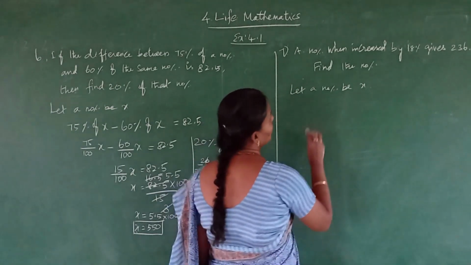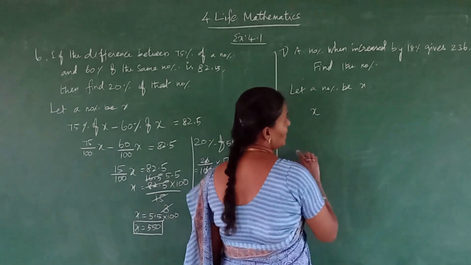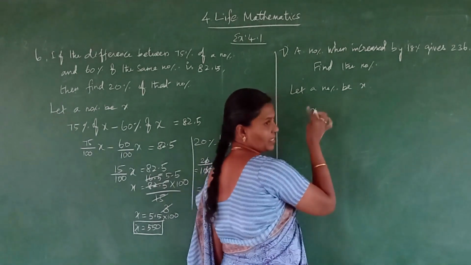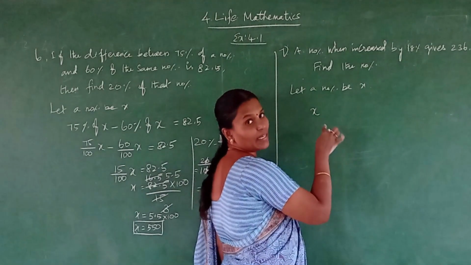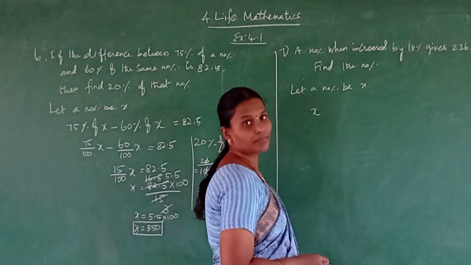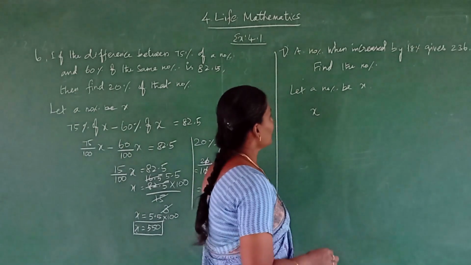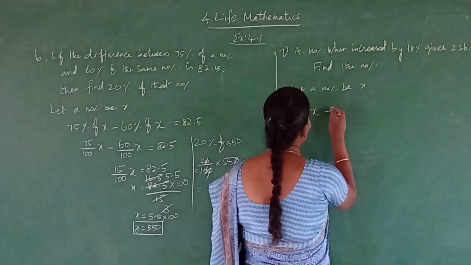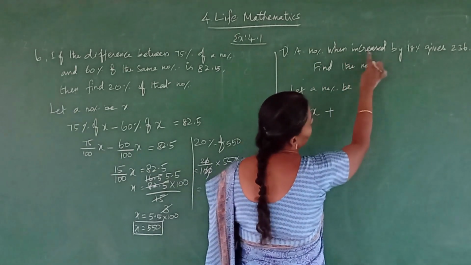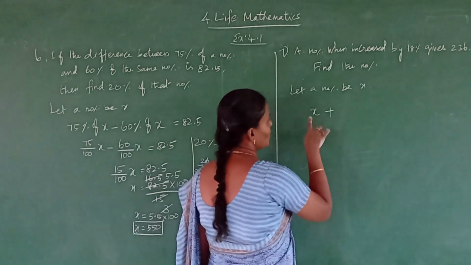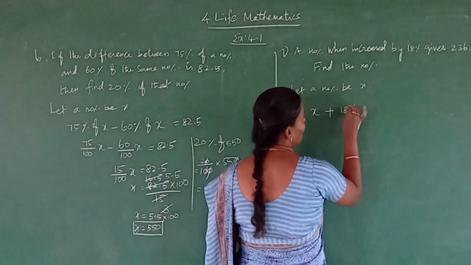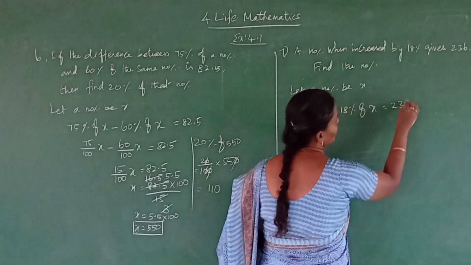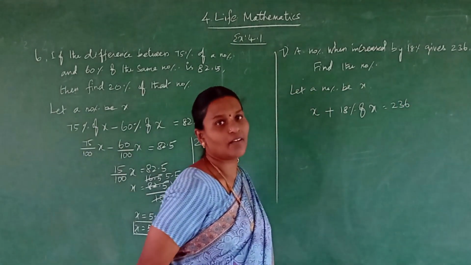So x, a number increased by 18%. So x plus 18% of x gives 236. Understand, children?